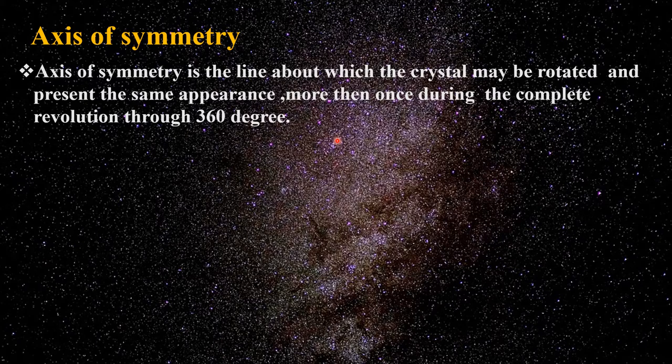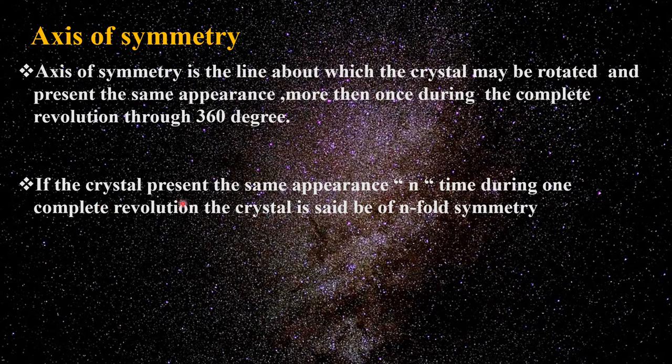We can rotate the crystal about the axis of symmetry, and we get the same appearance of that crystal. When we rotate the crystal to a certain angle around the axis of symmetry, we get the same crystal symmetry. This is called the axis of symmetry, about which the crystal, when rotated, presents the same appearance. If the crystal presents the same appearance n times during one complete revolution, the crystal is said to have n-fold symmetry.